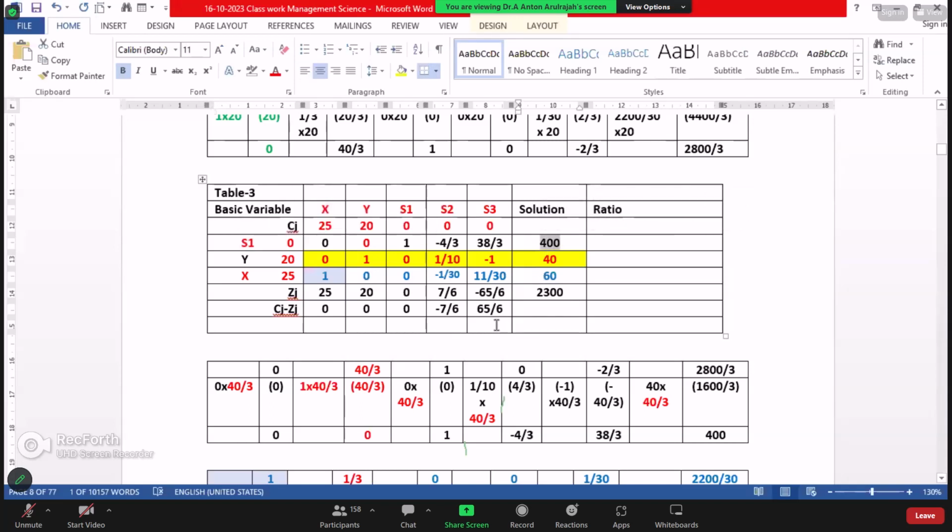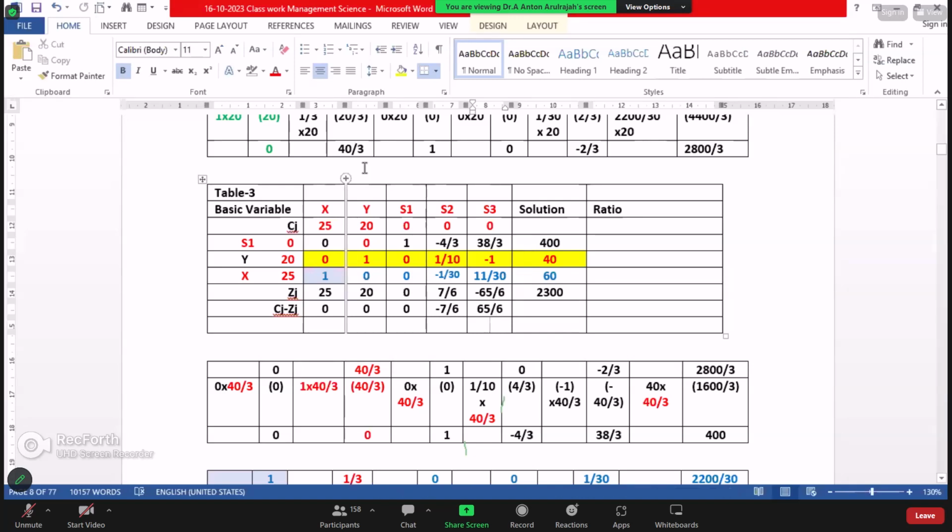But there is a problem, you see, this is the maximum, students. Whether we reach the max, just look at why there is a Cj minus Zj.